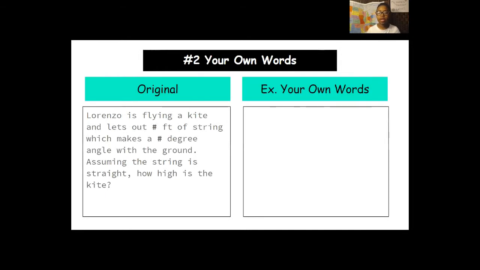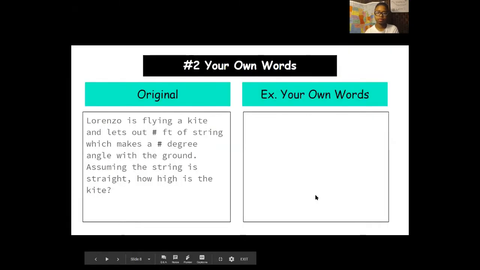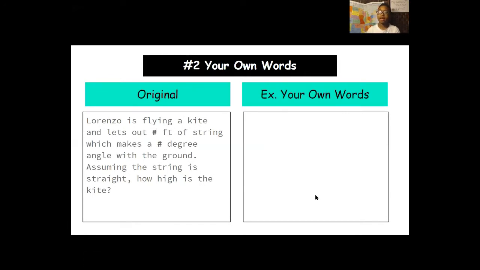Now let's work on writing it in our own words. What do we want to change? How does it sound? What will make it sound better and easier to understand as you're trying to figure out how to solve this problem? We use words like unravel, unraveling the string, in place of let out, because that's a little more understandable and another way to say let out.